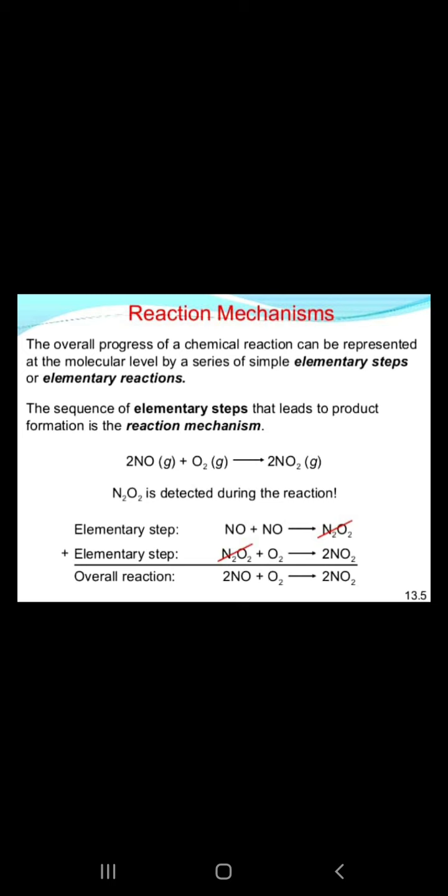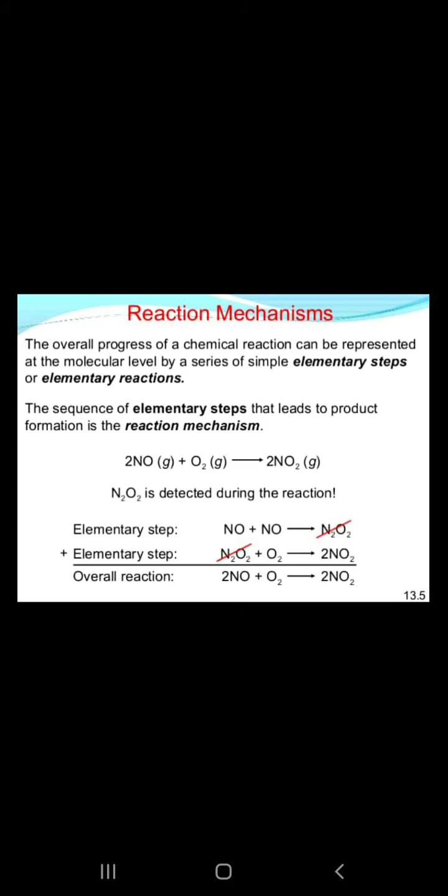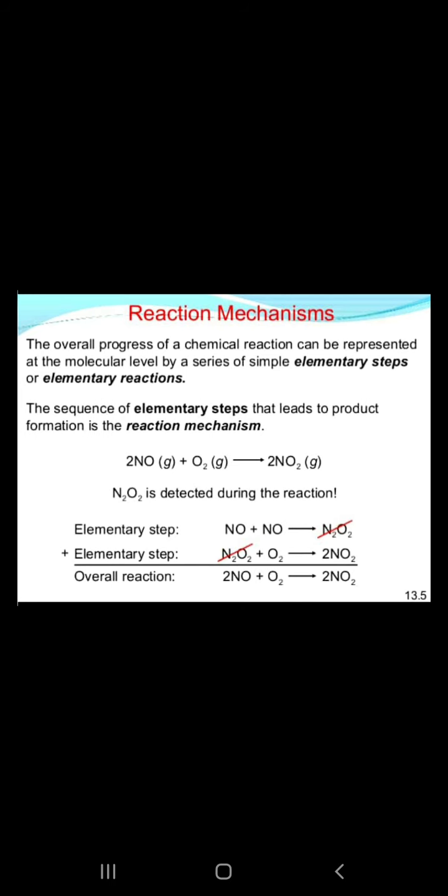The first step is an elementary step: NO plus NO converts to N2O2. In the next elementary step, N2O2 reacts with O2 to convert to 2NO2. The overall reaction is balanced: 2NO plus O2 equals 2NO2.